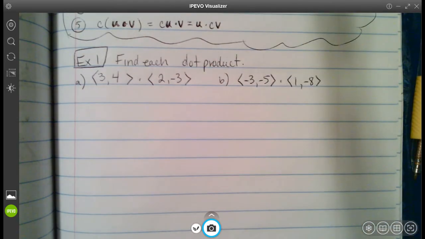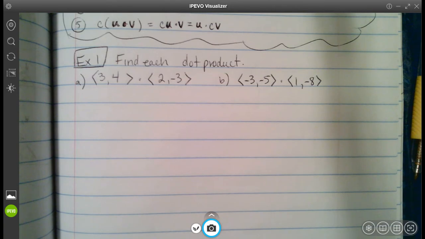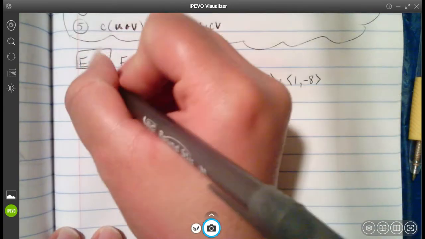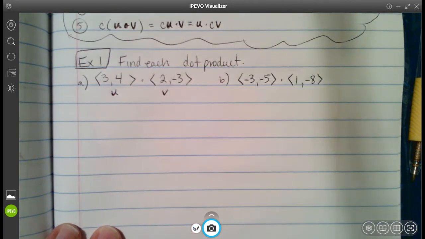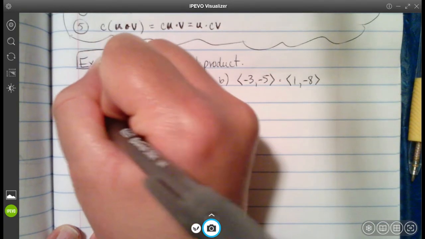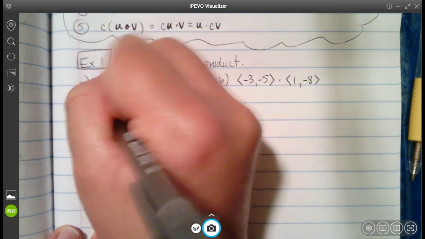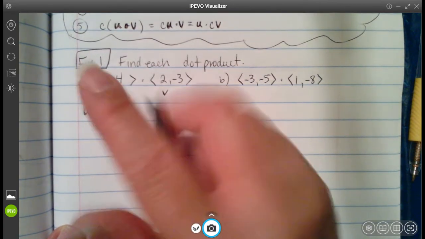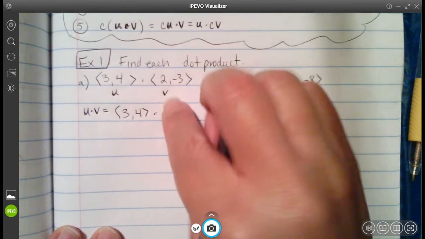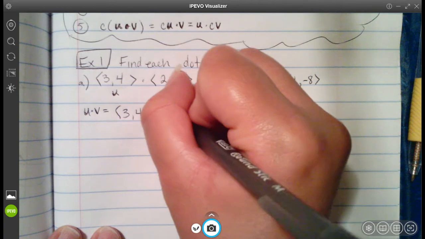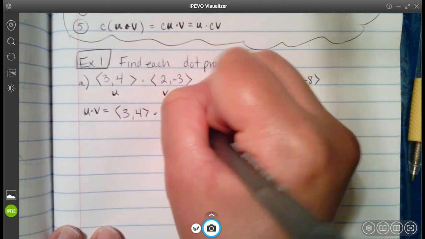We have our example. Example number 1. It says find each dot product. For letter A, we have 3, 4, and 2, negative 3. Let's let this one be u, and this one be v. By our definition, u times v is going to be equal to the components 3, 4 times the other components, 2, negative 3.